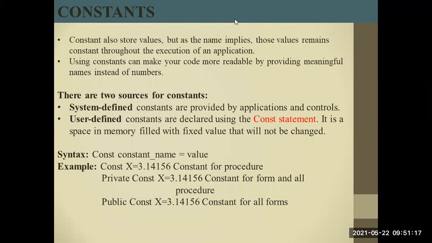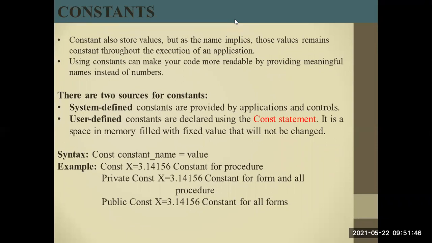Regarding variables, you have to remember we are basically using two types: local variables and module variables. Local variables are limited to a form or a particular procedure, whereas module variables can be used within all the procedures that are defined in my application.